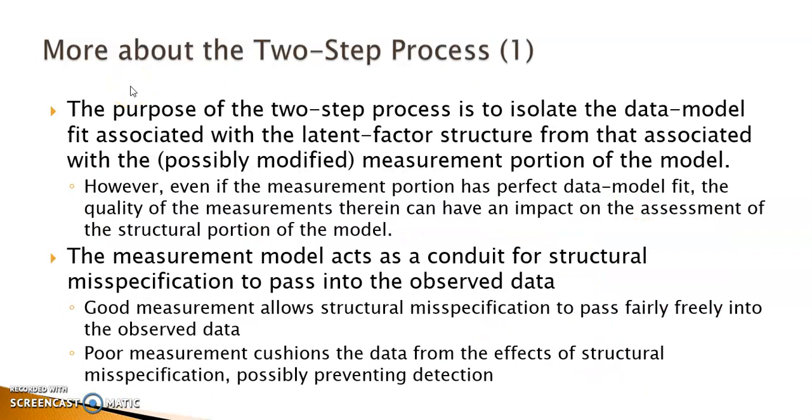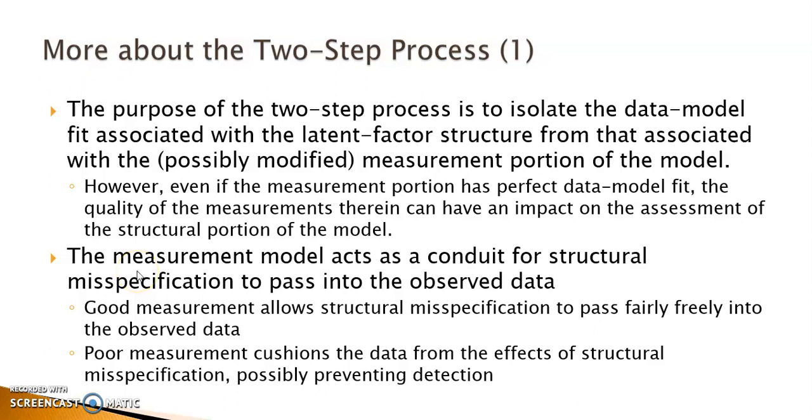At this point, we need to be clear that the purpose of the two-step process is to isolate the data model fit associated with the latent factor structural effects in step 2 from that associated with the measurement portion of the model in step 1.